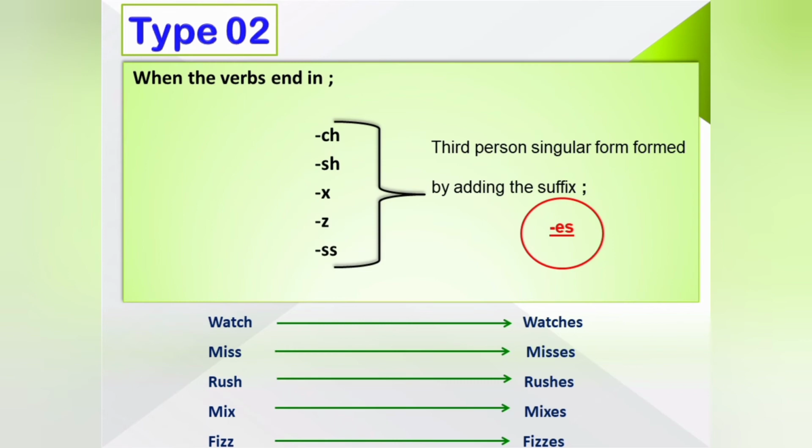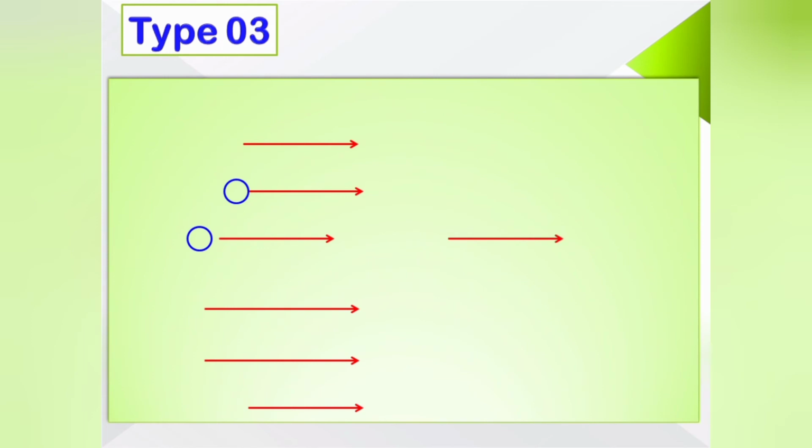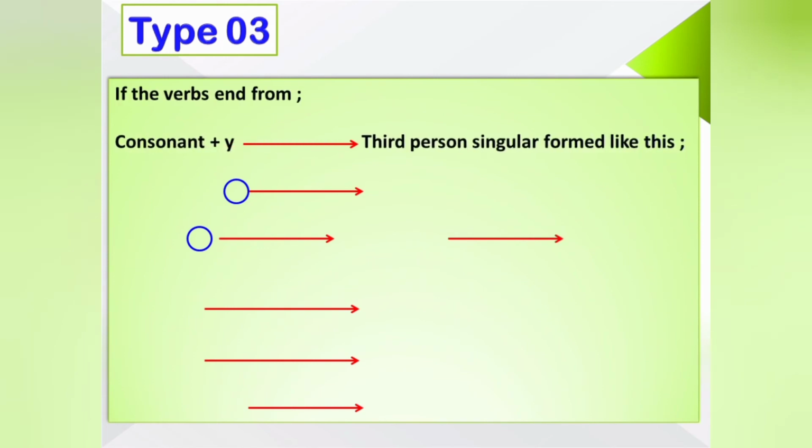Before moving to type 3, I need to tell this to you. Please check the end letters of a word before changing that verb to third person singular form. Okay? Next we can move to our next type, type 3. If the verb ends with consonant plus y, the third person singular is formed like this.